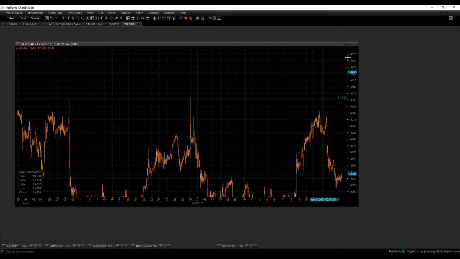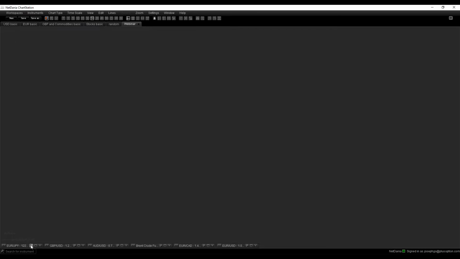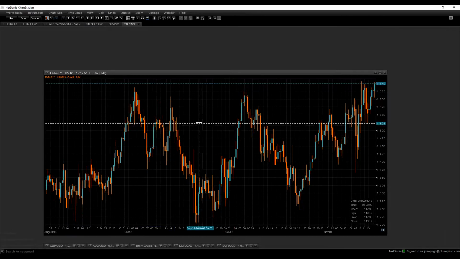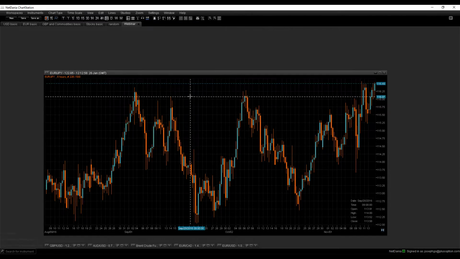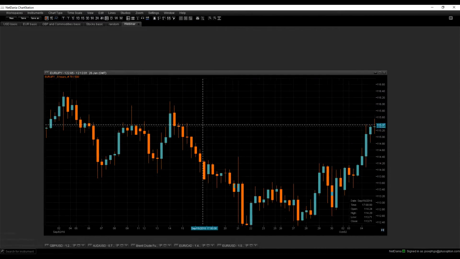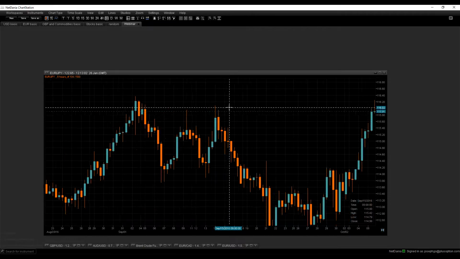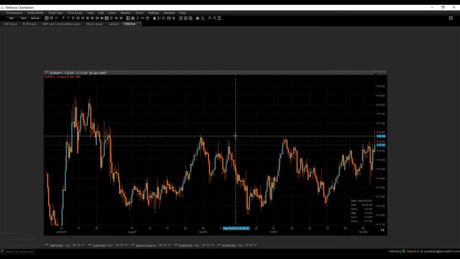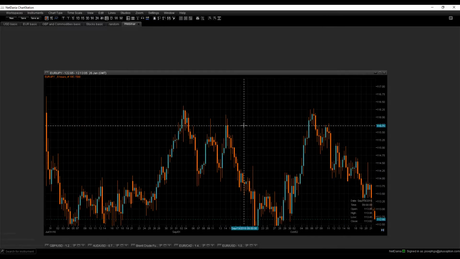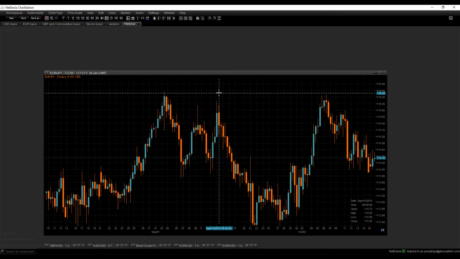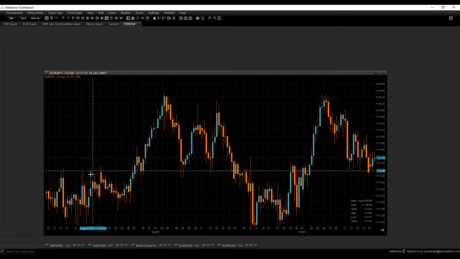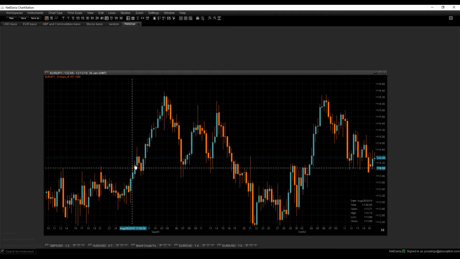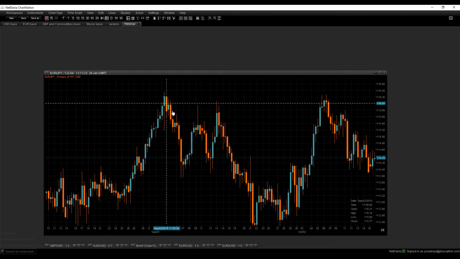I want to see if I can pull up a better example. Euro JPY. Okay, so it appears that this would be a good place for us to draw another resistance line. When an uptrend occurs, resistance levels are formed as price action starts to pull back.